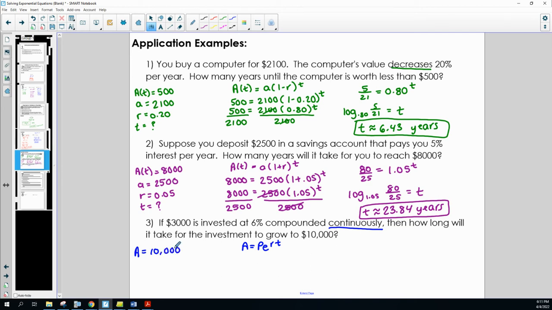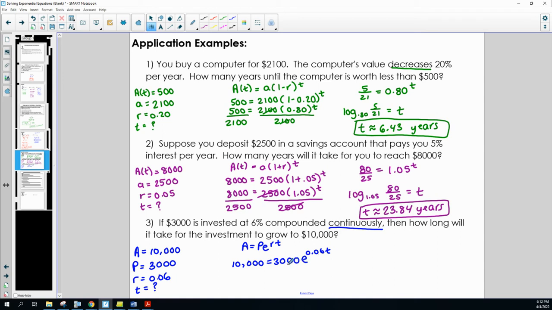P is our principal, which is our initial amount, which is 3,000. e is e, that's the button in the calculator. r is our rate, so 0.06 since it's 6%. And t is what we're solving for. So we have 10,000 equals 3,000 e to the 0.06t.